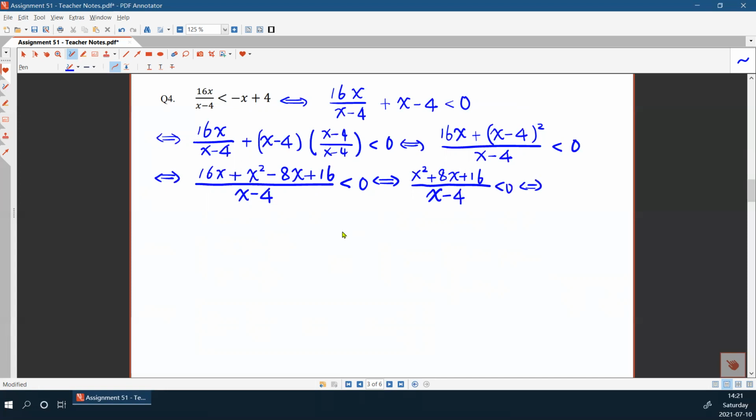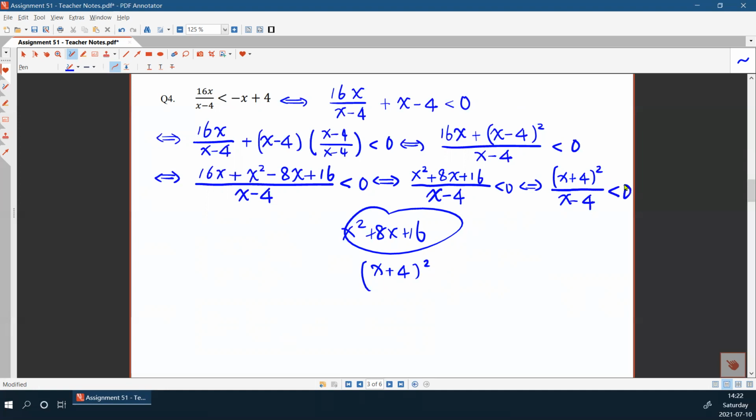And remember that this is actually a formula, right? This is actually (x plus 4) squared. So this is equivalent to (x plus 4) squared over x minus 4 less than 0. Okay? And we know that the ratio of two numbers is smaller than 0, which is a negative number.